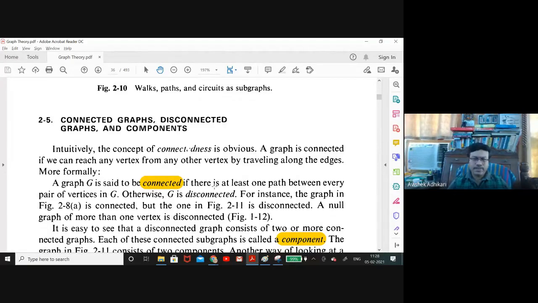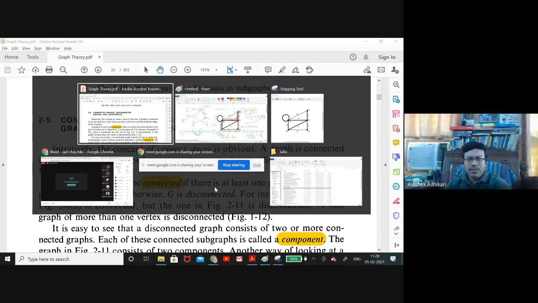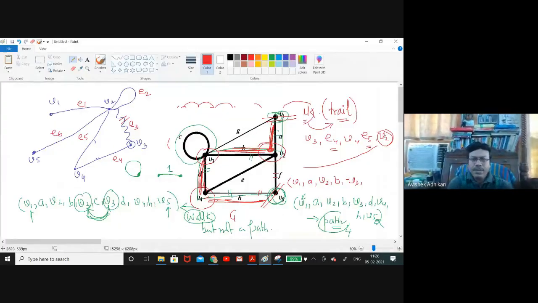Okay, fine. So now we are going to describe another very important concept that is known as connectedness of a graph. What do you mean by a connected graph? Intuitively, you all understand the meaning of a connected graph. Let me try to explain.